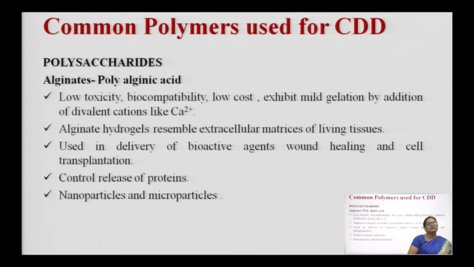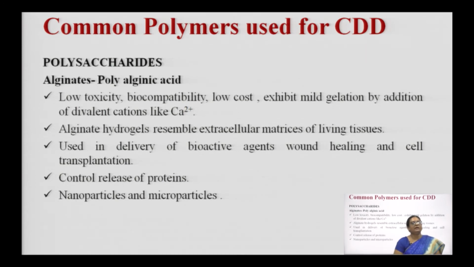Another important polysaccharide is alginate as polyalginic acid. Because of its low toxicity, biocompatibility, low cost and gelation by addition of ions, it is useful in controlled drug delivery application. Alginate hydrogels have been used and they resemble extracellular matrices of living tissues, hence are biocompatible.